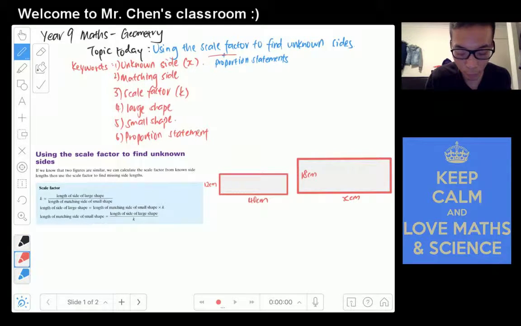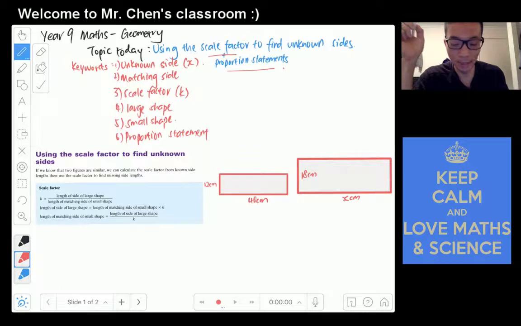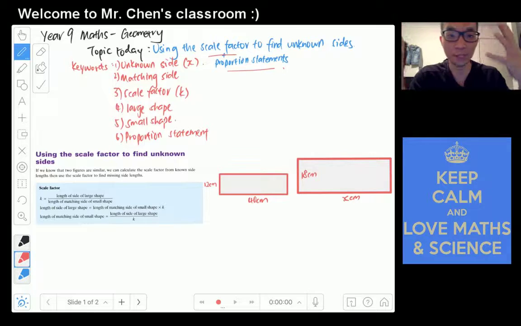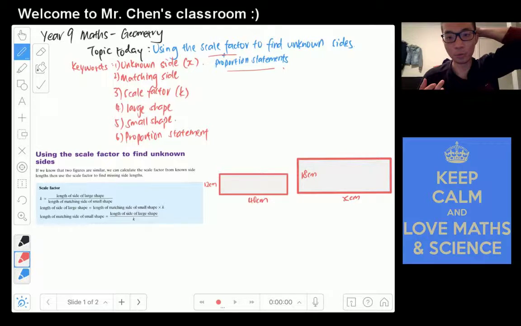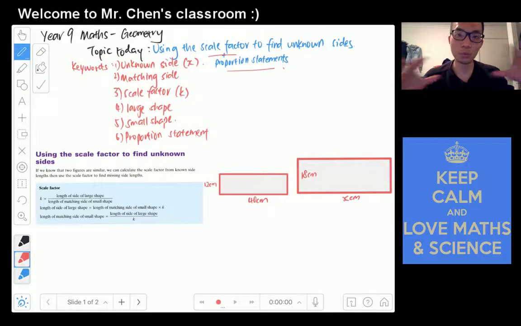So both scale factors and proportion statements to find the unknown side of two similar figures. Remember, this only applies to similar figures. It doesn't apply to congruent triangles or rectangles, etc. Because as we know, scale factors mean it is either enlarged or reduced.